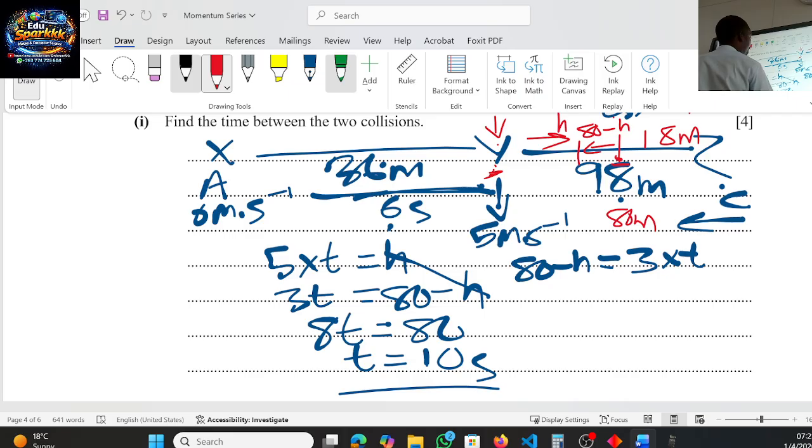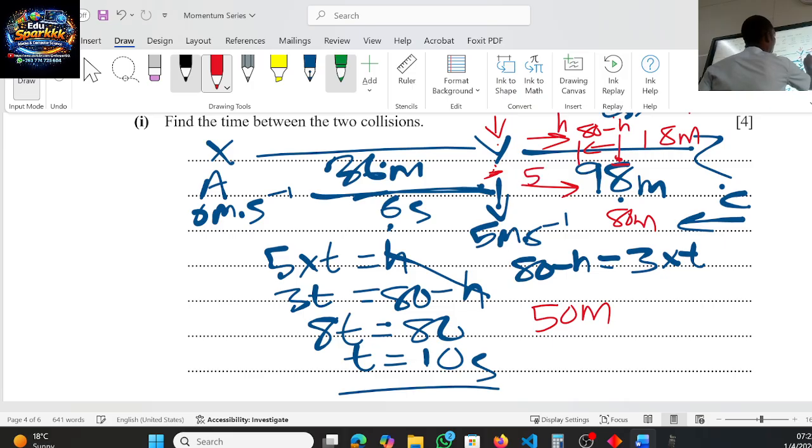We are saying it's moving at 5 meters per second as a combined system. It moves for 10 seconds. It means the distance covered before they collide is going to be 50 meters, because it's 10 times 5. So out of this 80, if we remove 50, we remain with 30.